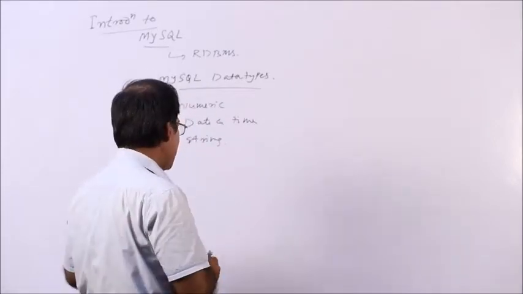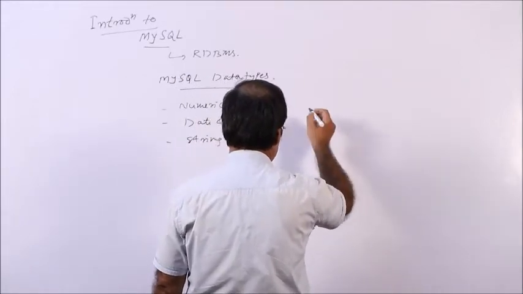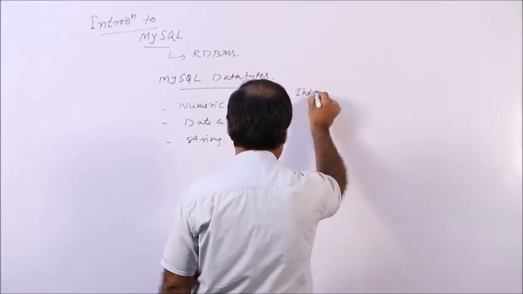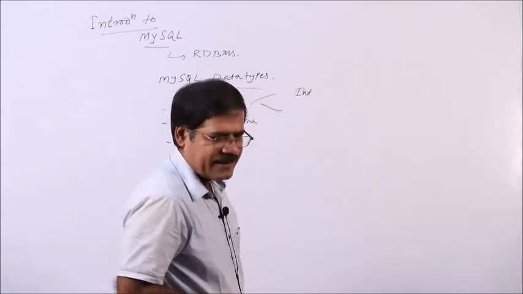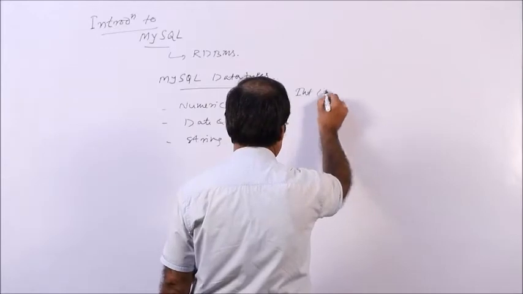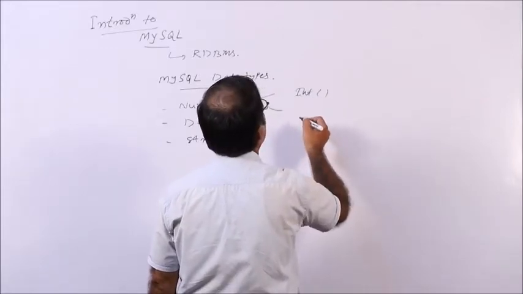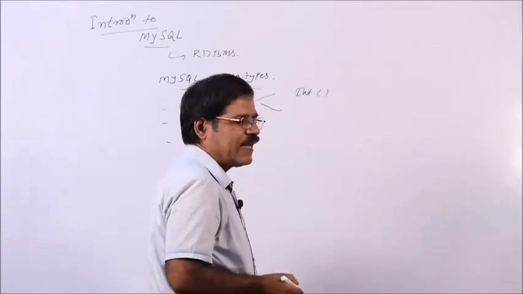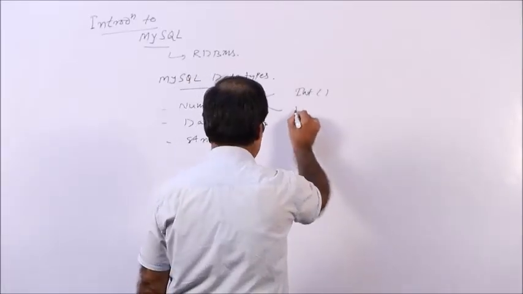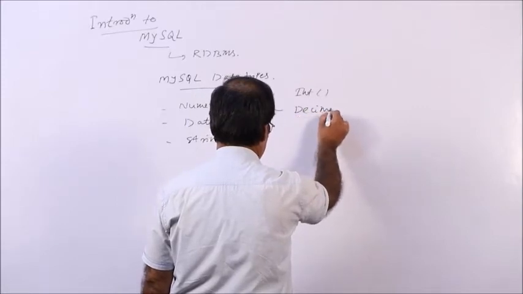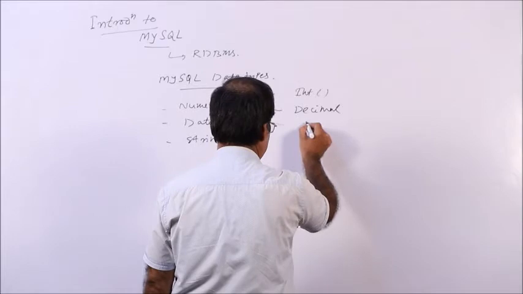Numeric type you can classify like this: it is an integer type, or a number type, or a float type, or a double type, or decimal type.